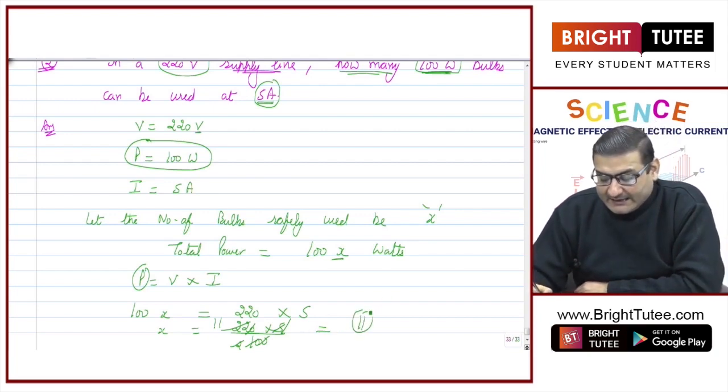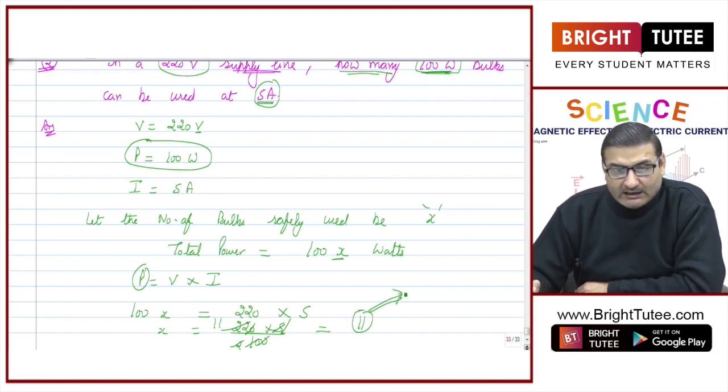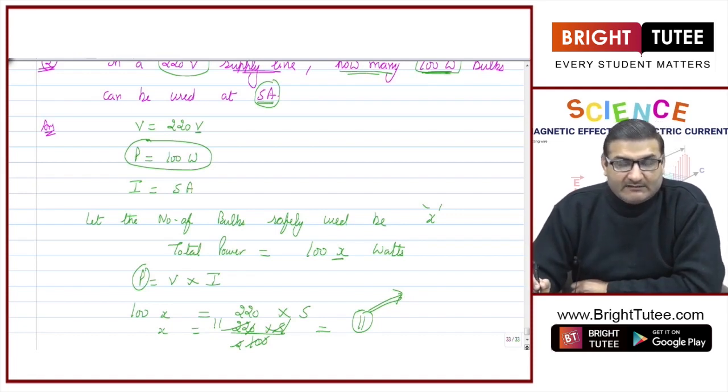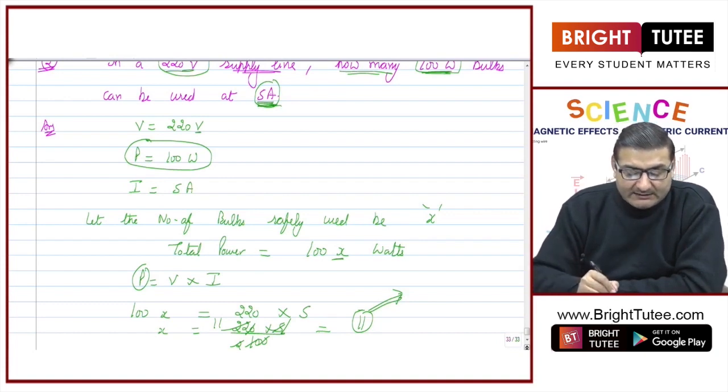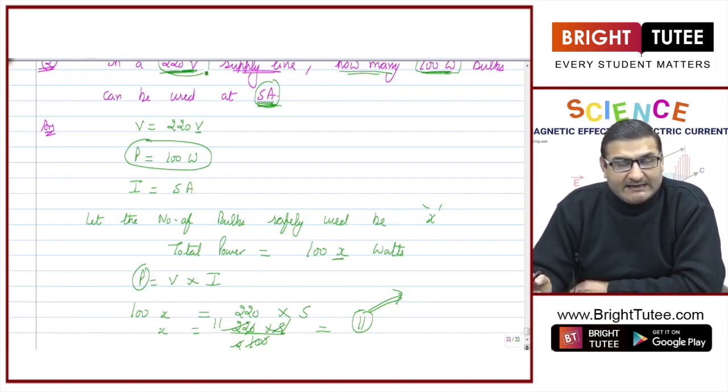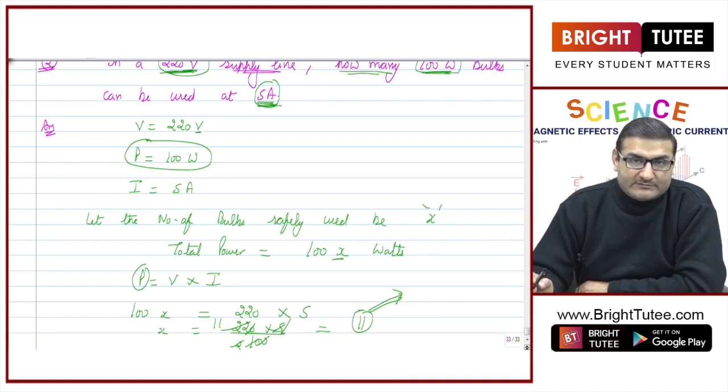So I can comfortably use 11 100-watt bulbs in this particular circuit, which has a fuse of 5 amperes and a potential difference supply line of 220 volts.